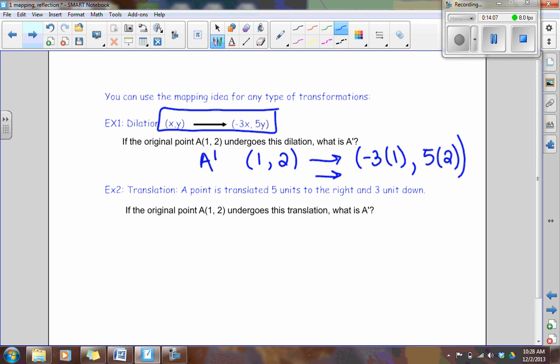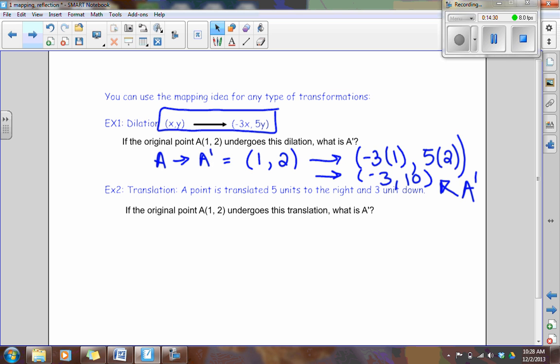So (1, 2) is going to go to (-3, 10), and this is A prime. Okay, so that's undergoing a dilation.